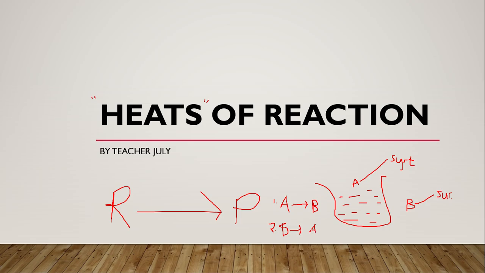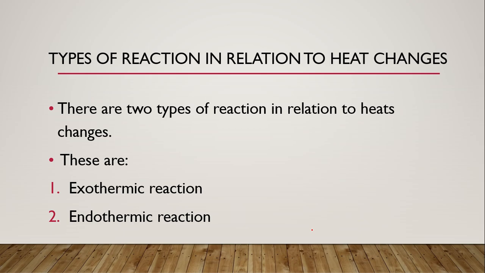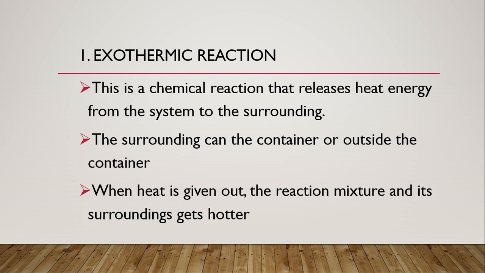So the question is, what are these called? Let's dig deep together. Come here, let me show you something. The types of reaction in relation to heat changes. We have two types of reaction in relation to heat changes, and these are exothermic reaction and endothermic reaction. By the way, what is exothermic reaction? As the name suggests, exothermic.